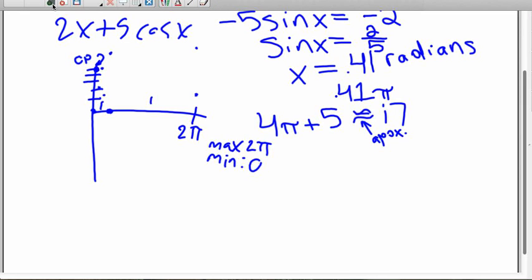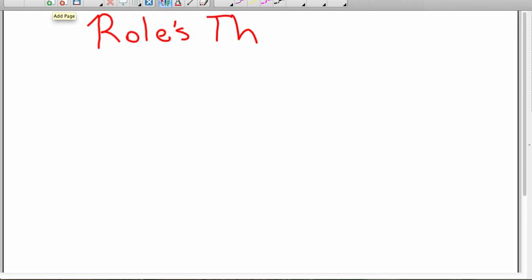Right. Next topic, Rolle's theorem. You spelled Rolle wrong, it's two L's. Okay.